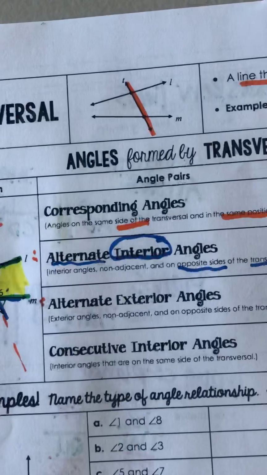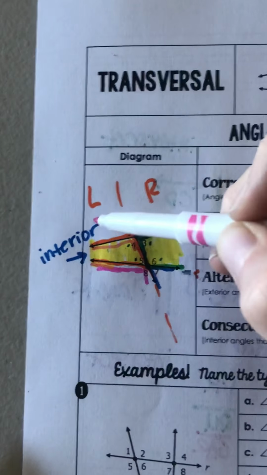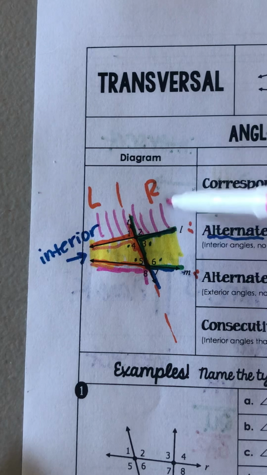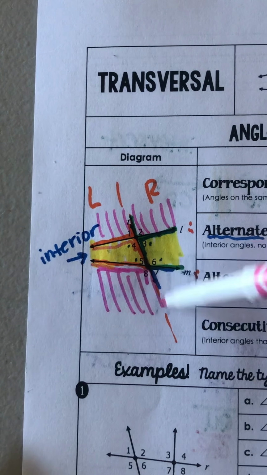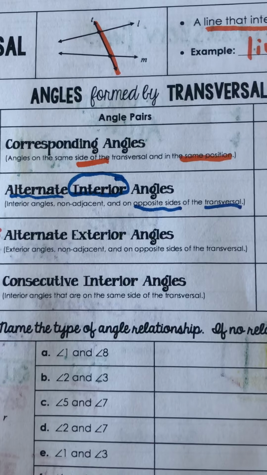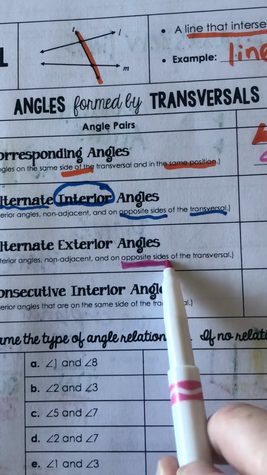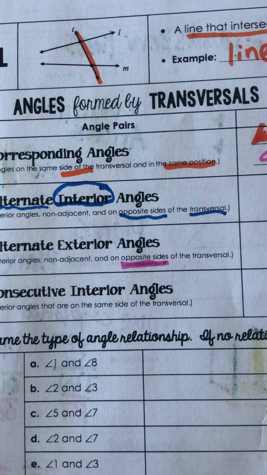Okay, now alternate exterior is next. Well, the exterior of these lines would be the outside part of where L and M meet, the outside of those, okay? And they, again, need to alternate, so be on the opposite sides of the transversal, okay?